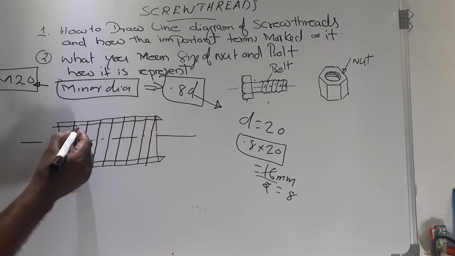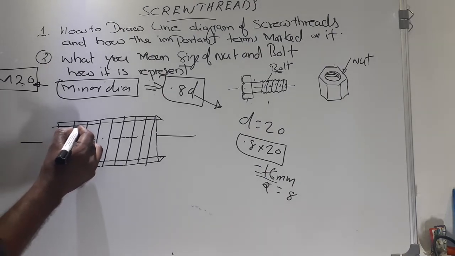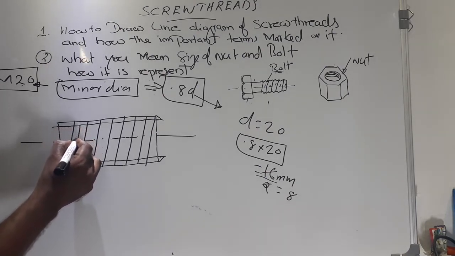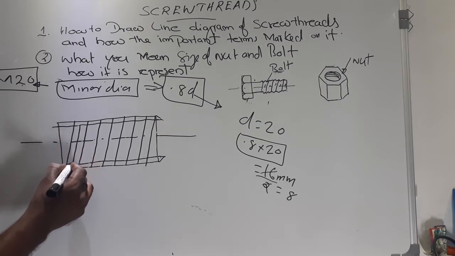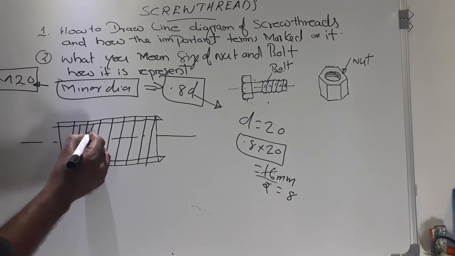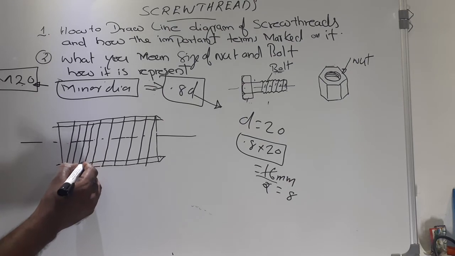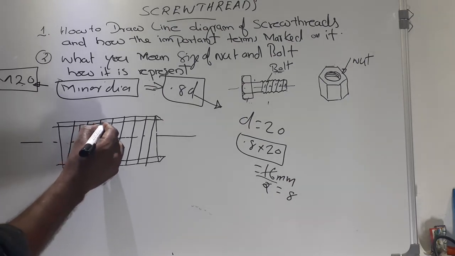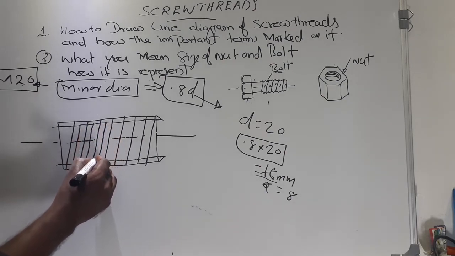Now again draw another parallel inclined line connecting the minor diameter. Alternatively, a shortest line parallel to the first one.